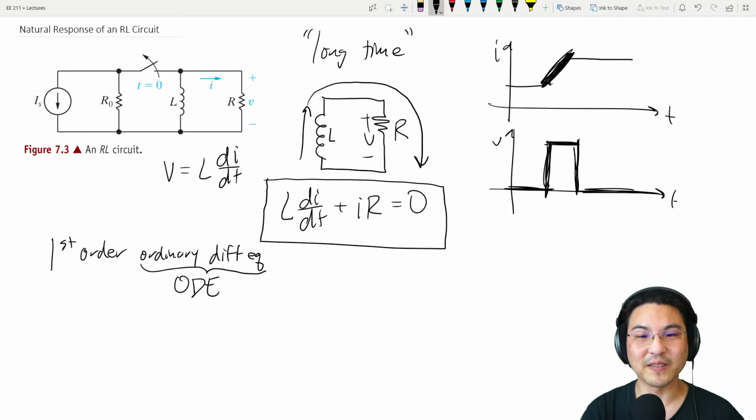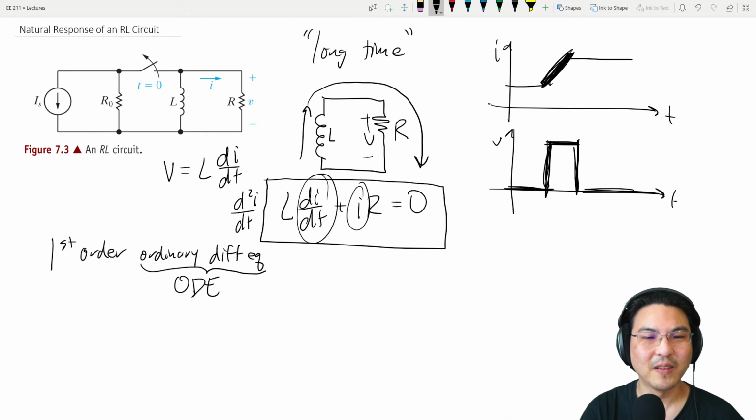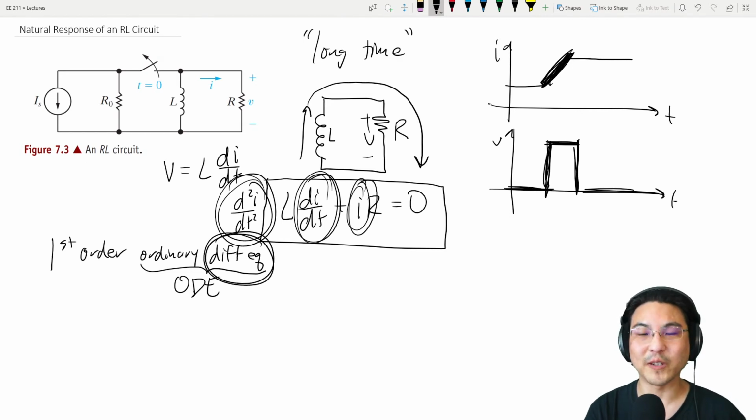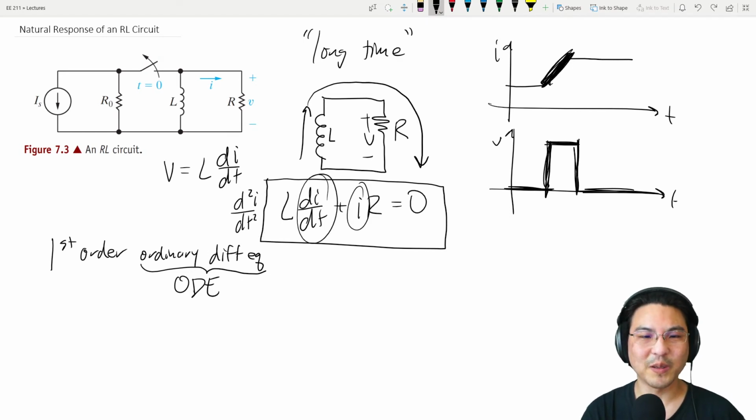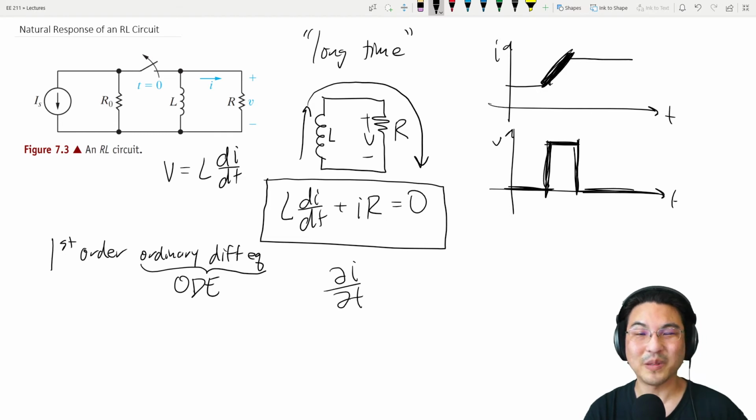Differential equation because there's a variable and its derivative. So for example, if we had another one over here, right? So it's like variable, first derivative, second derivative. That makes it a differential equation. Ordinary because it's just the derivative as opposed to like a partial derivative like this. That would be a PDE, partial differential equation.